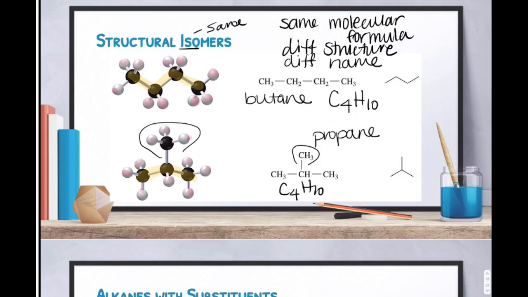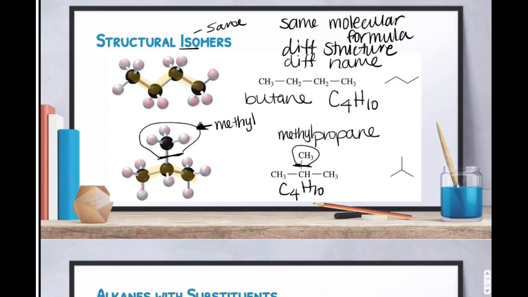Do you see that guy? This side chain is a number of carbons, and that number of carbons is 1. So a 1-carbon side chain. What's our prefix for 1? Meth. And if I have a side chain, I put a -yl on the end to show that it's not a methane hanging off. It's a methyl group hanging off. And so I'm just going to write it as methylpropane.